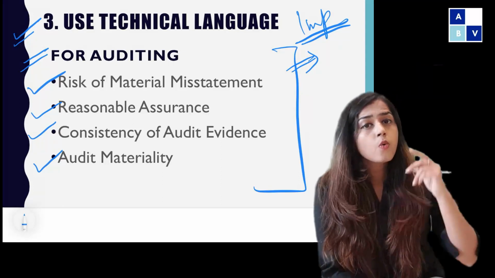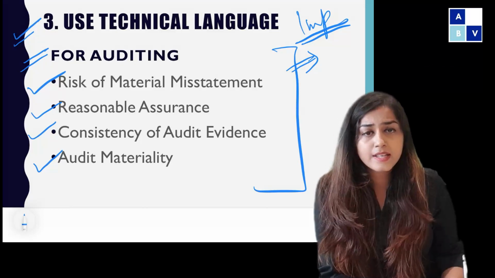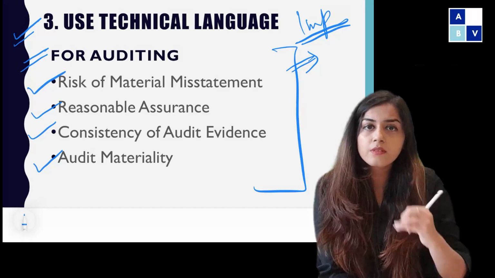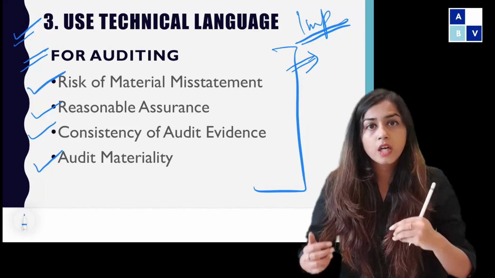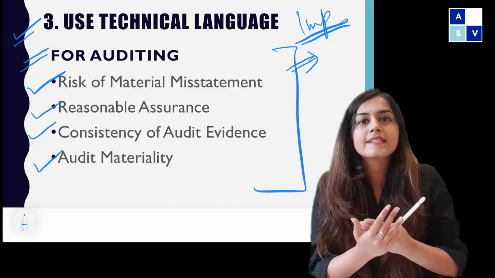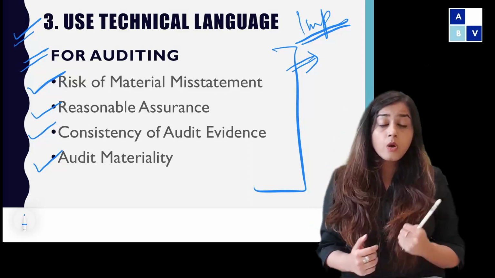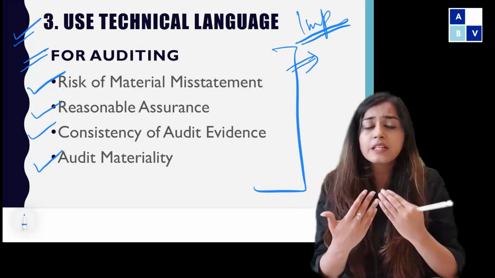Now, what students do, the biggest blunder is that they will use the keywords, they will use the technical language, but they will not make it visible for the examiner to read it. Now you must be thinking, what am I trying to convey?